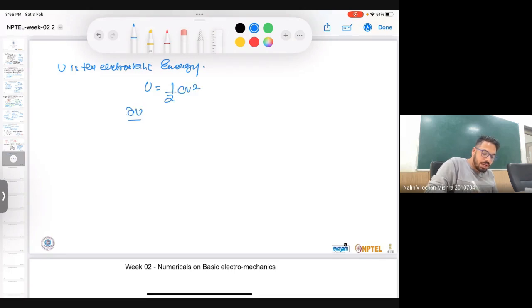So du/dx can be written as half dC/dx V square.